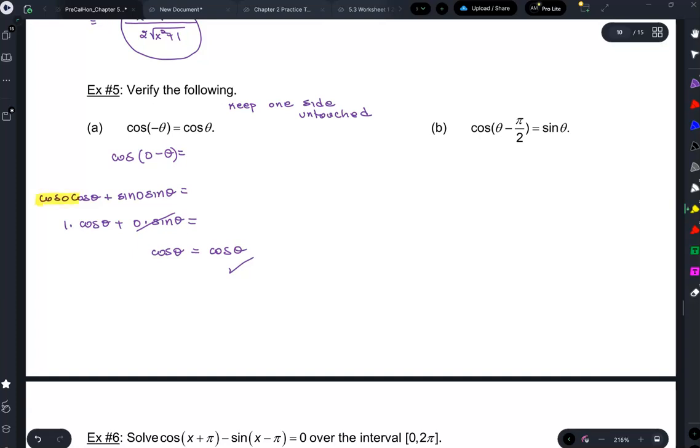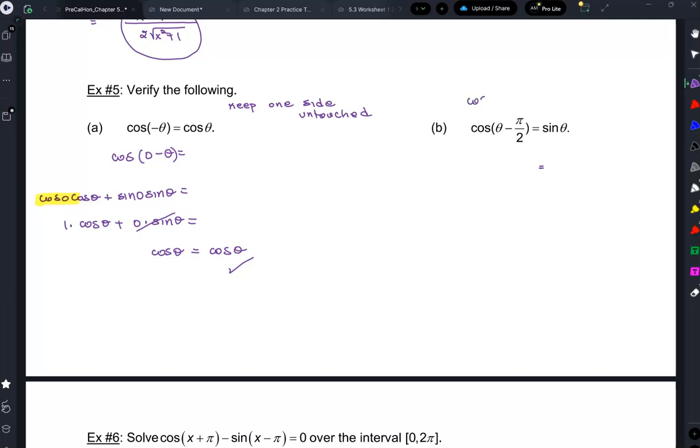So verifying identities is: you keep one side the same, you work the other side until one side equals the second side. Okay, let's do this one. Cosine of theta minus pi over 2 is sine of theta. This is also an identity, the cofunction identity.